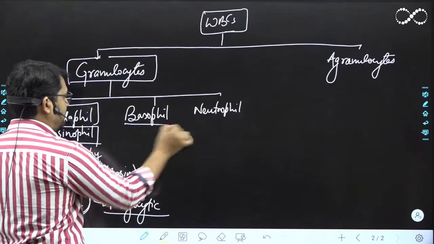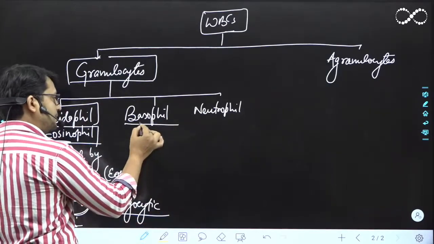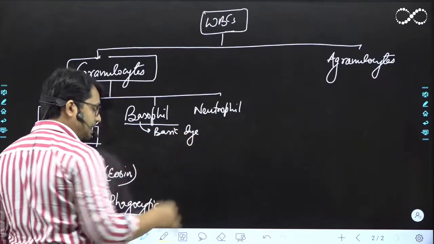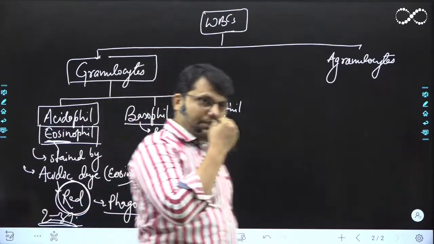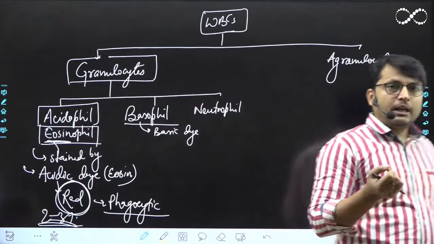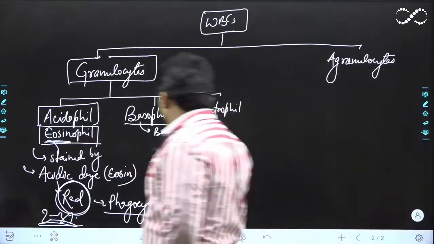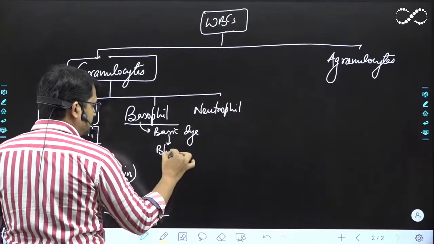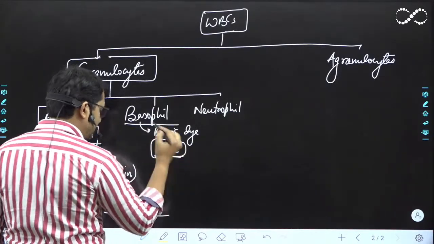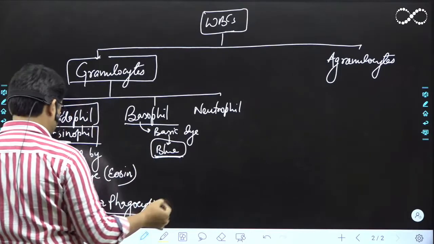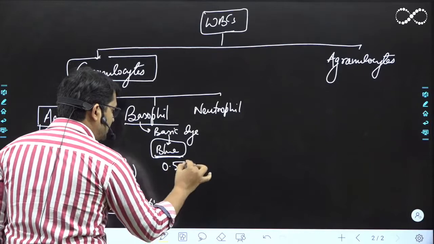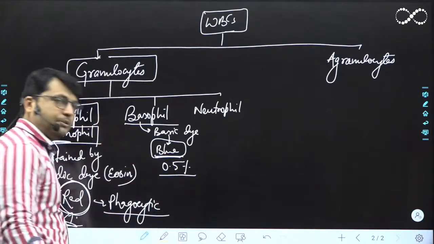Basophils are stained by the basic dye, like methylene blue. When they are stained by basic dye, they turn blue in color. What color will they be? Blue. Great. Percentage-wise, they are the minimum in number, around 0.5%.